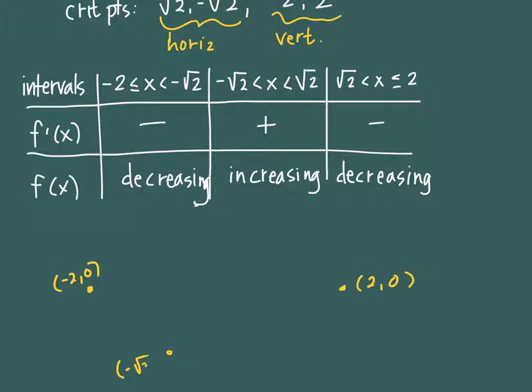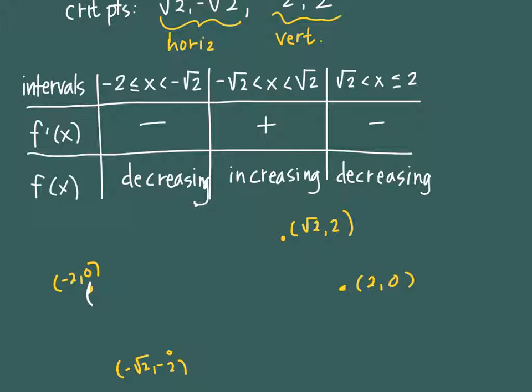Negative rad 2, negative 2. And we had positive rad 2, positive 2. And our analytics tell us that at the end point of negative 2, 0, we should be leaving a vertical tangent. So we should be coming fairly straight down as a vertical tangent.